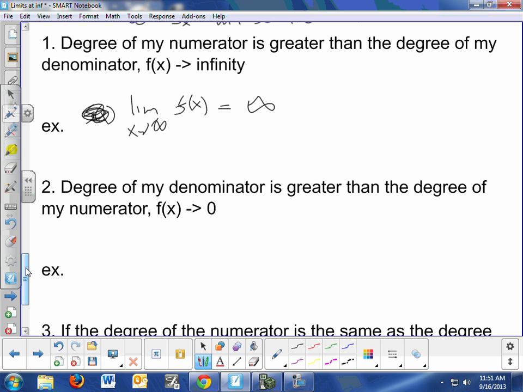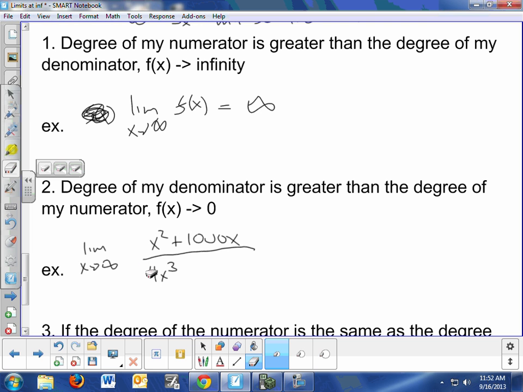If the degree of my denominator is greater than the degree of my numerator, f of x will approach 0. An example. Let's find the limit as x approaches infinity of x squared plus 1000x, all divided by 4x cubed.